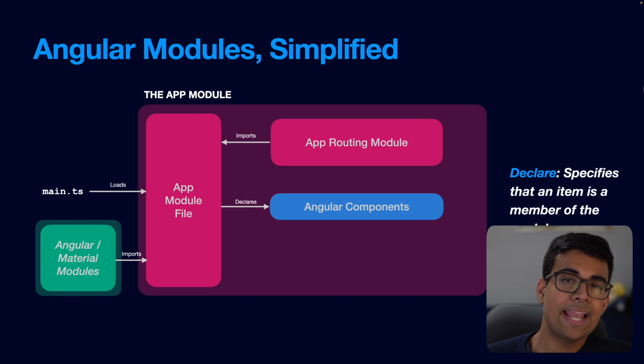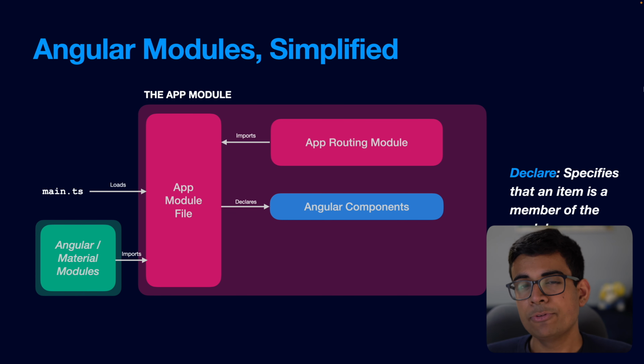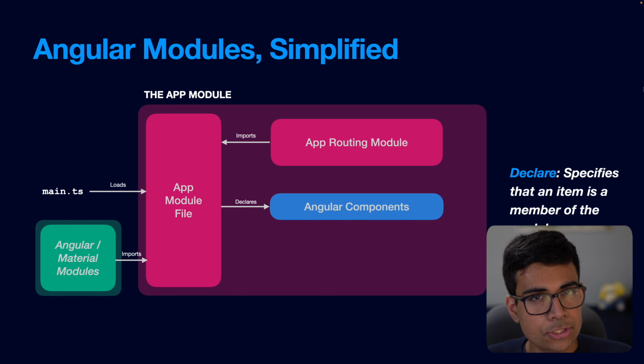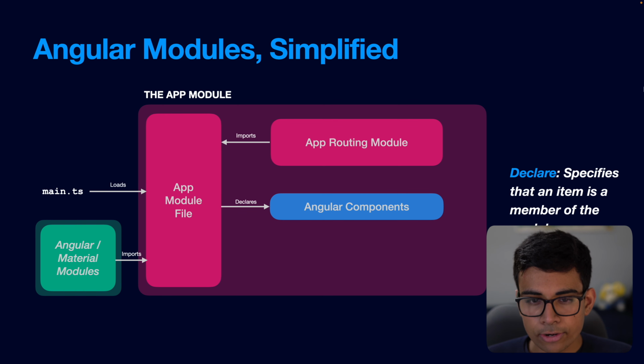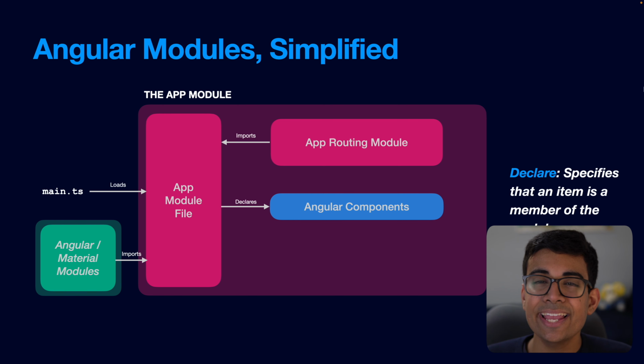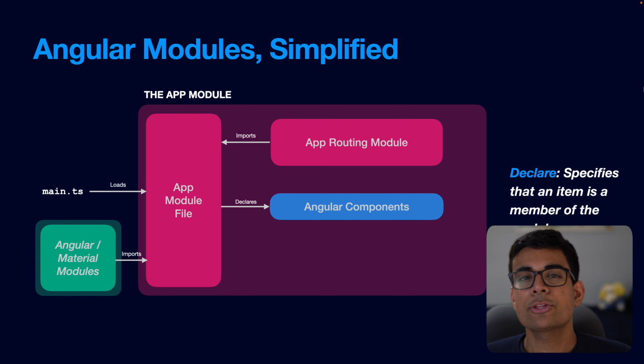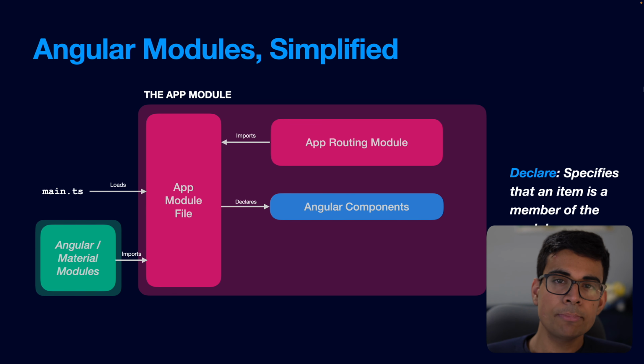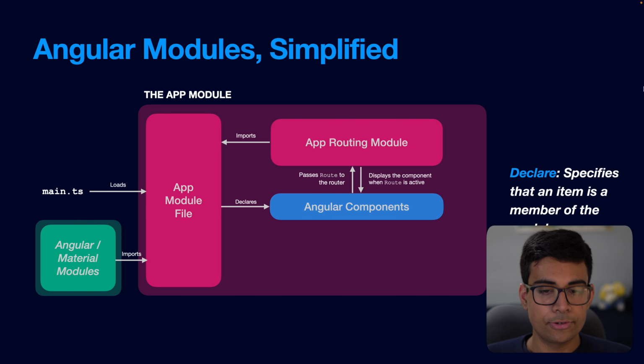But for example, in the CSXL project, if you were to go to app.module.ts, you will see that the homepage component, about page component, etc., are declared in the app module, which means that those components are part of the app module. Now, it's also important to remember that modules declare other things.